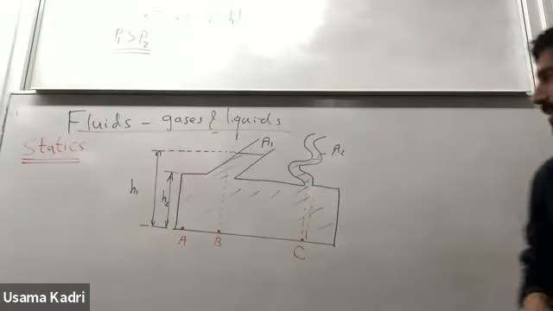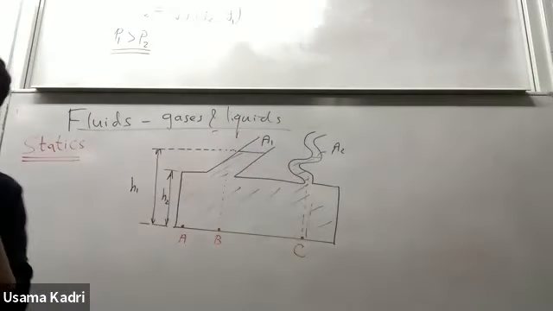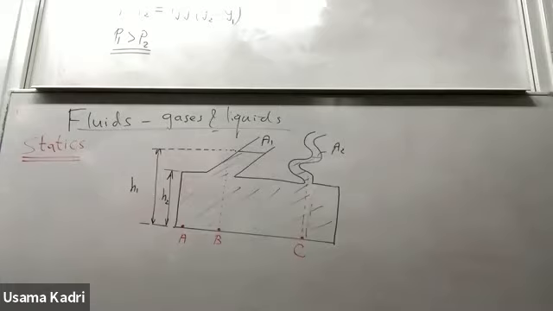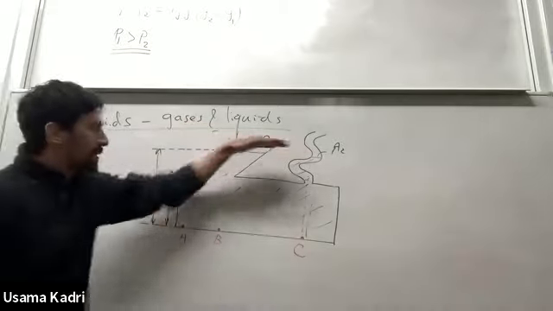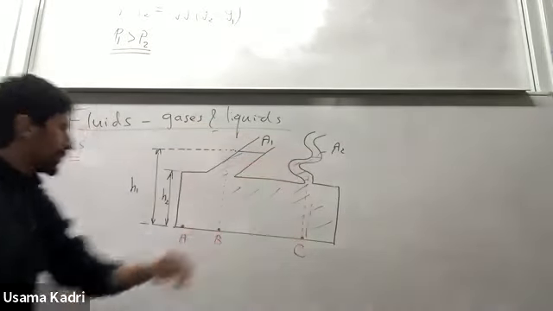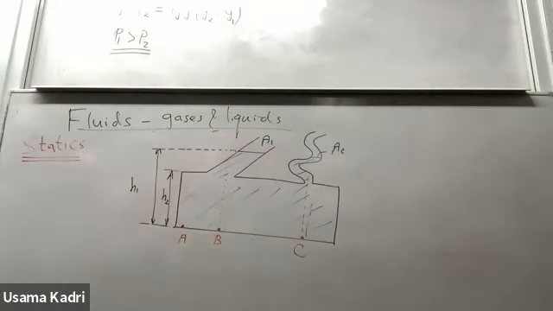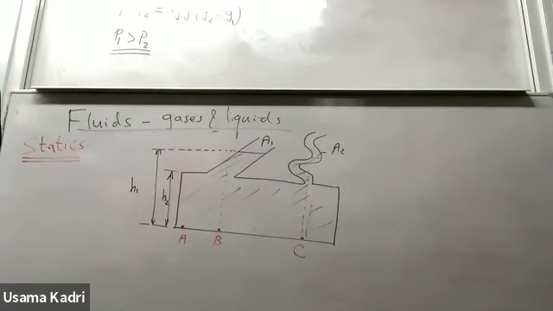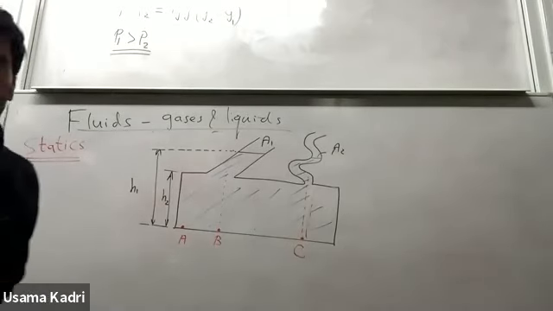Which one do you think has the most hydrostatic pressure? This is horizontal. It doesn't look horizontal, but this is horizontal, and this is the level. You have A1 here, A2 here, and you have these 3 points. You can just type A, B, or C. You can use your intuition.